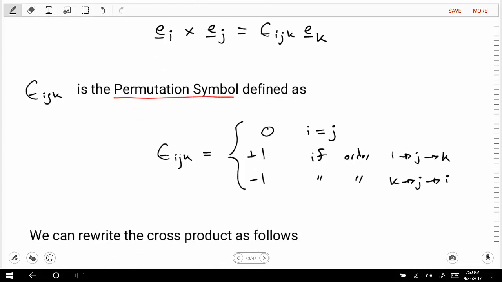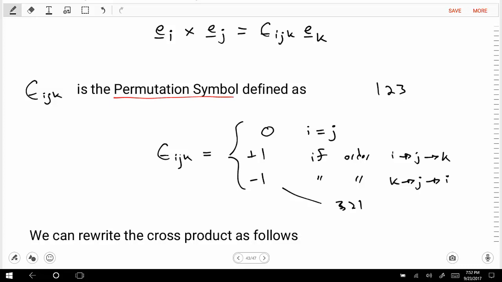So let's note, this is a representation. For instance, the ones that are plus 1 are a representation of 1, 2, 3, increasing order, right? While the negative 1 correlates to a decreasing order, 3, 2, 1.